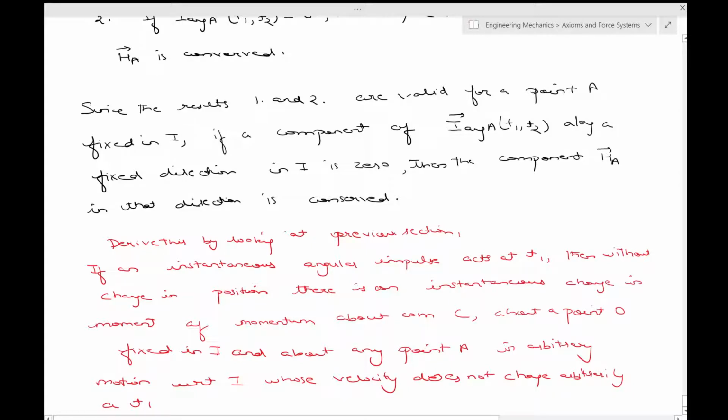So A can be any point, either a material point of the system or a point outside S.